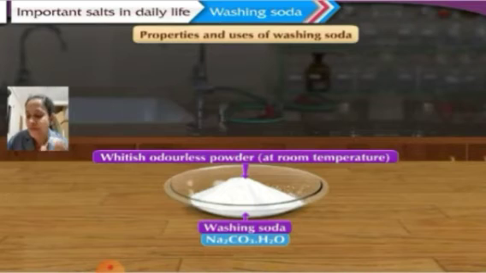Last year you learned that it can be used to soften hard water. You learned that hard water consists of chlorides and sulfate salts of magnesium and calcium, which makes the water hard.